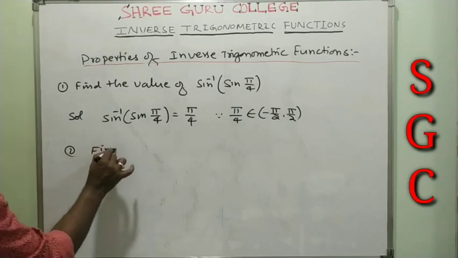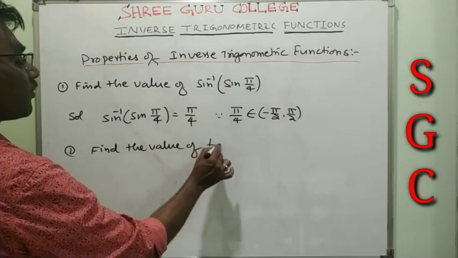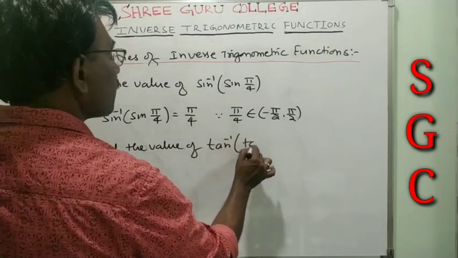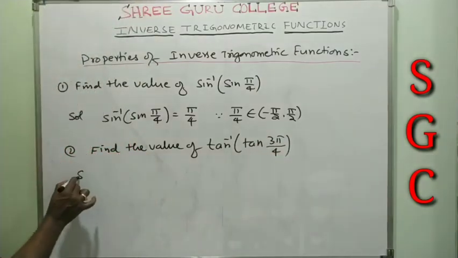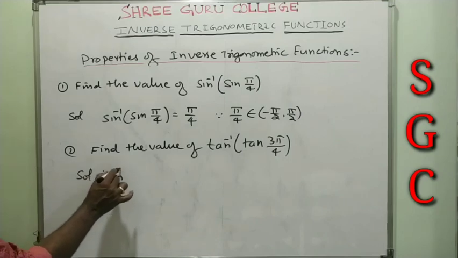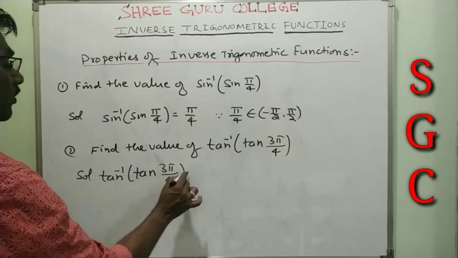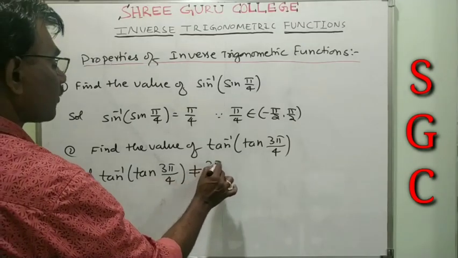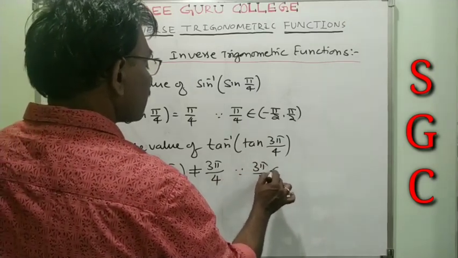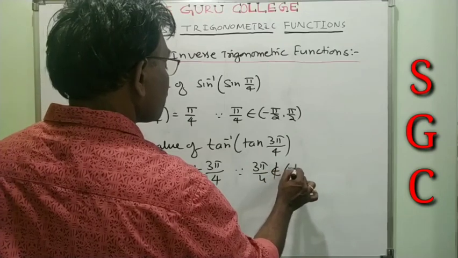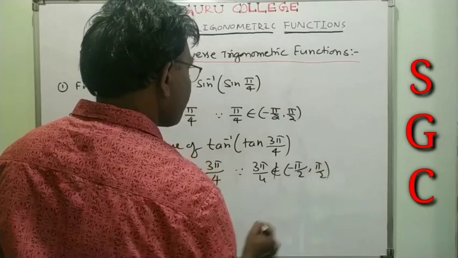Find the value of tan inverse of tan 3 pi by 4. Solution: tan inverse of tan 3 pi by 4 is not equal to 3 pi by 4, because 3 pi by 4 does not belong to minus pi by 2 to plus pi by 2.